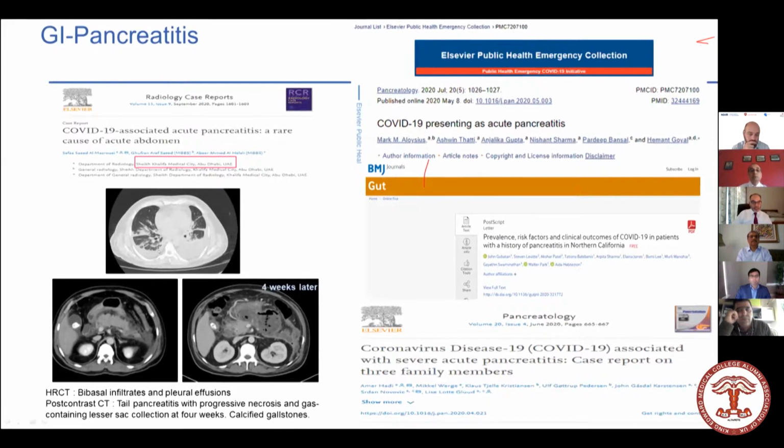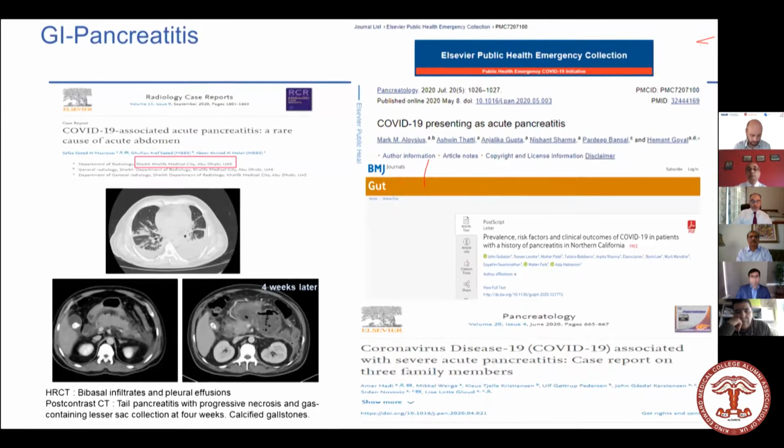You can see the CT showing bilateral bibasal infiltrates and pleural effusions, and you have tail pancreatitis with progressive necrosis and a gas-containing lesser sac in the CT four weeks later as well. So again, a COVID presentation with maybe a confounding factor, or COVID-related pancreatitis.